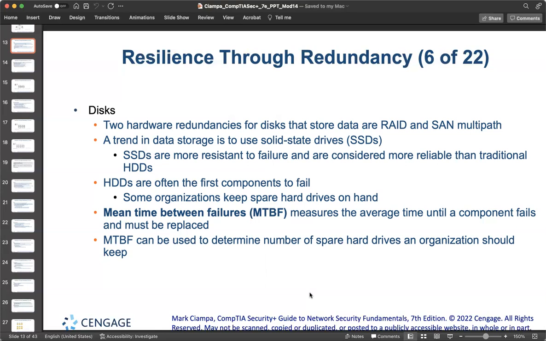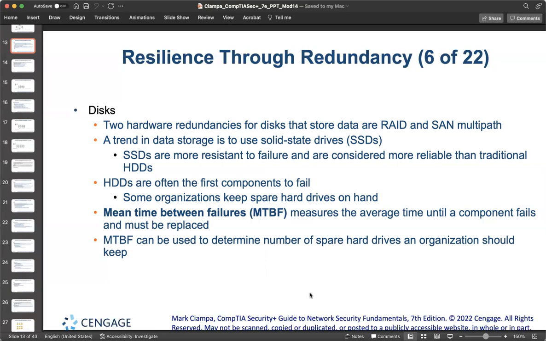Mean time between failures, or MTBF, measures the average time until a component fails and must be replaced, right? So basically you have this understanding of hard drives purchased from whatever vendor. I don't want to name a vendor here. Whatever vendor, they are going to fail after 5 years of working or after transferring this amount of data.